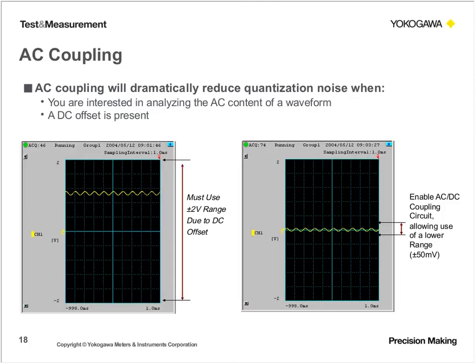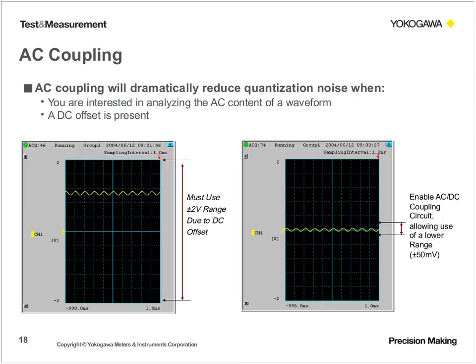Now, if you set AC coupling to on, essentially what you're going to do is remove that DC offset, and you're going to center the signal right at the 0. And when you do that, then you can increase the dynamic range from plus or minus 2 volts to plus or minus 50 volts.